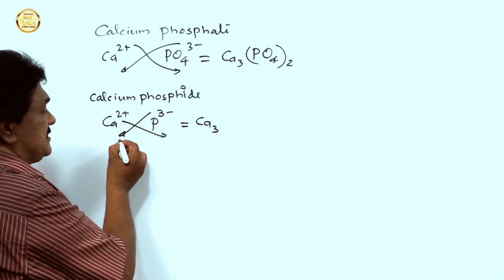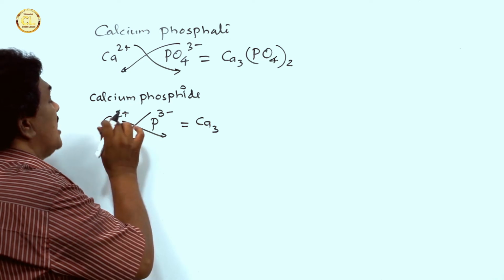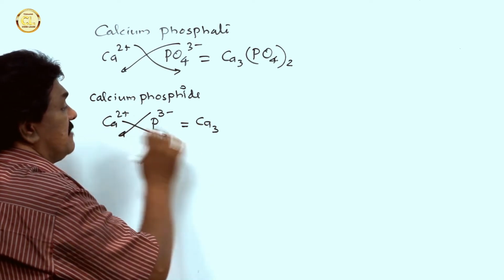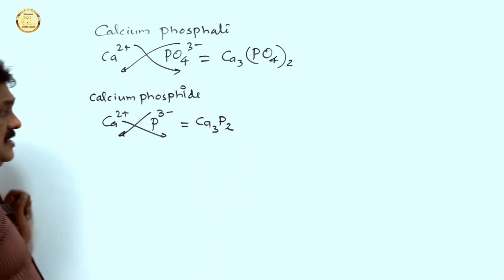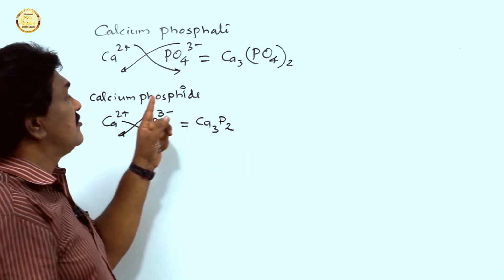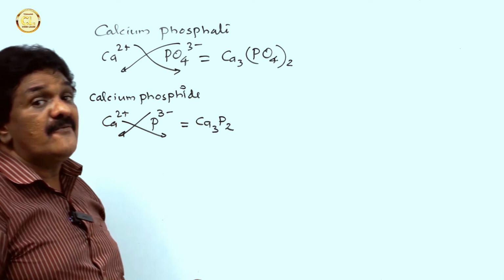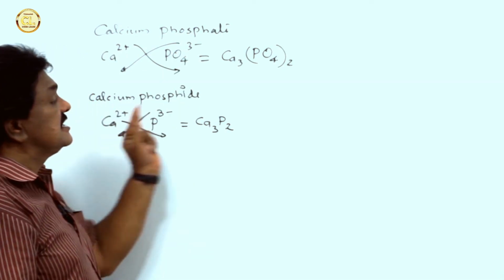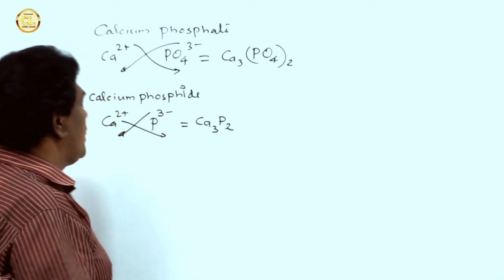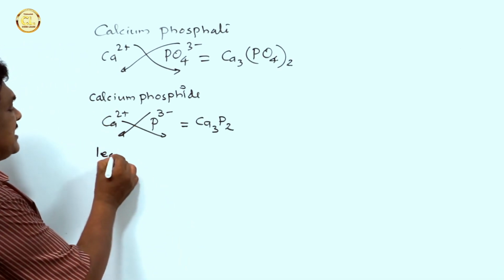See, 3 becomes the subscript of calcium and the charge 2+ of calcium becomes the subscript of phosphorus. So Ca3P2. This is calcium phosphide. This is calcium phosphate. This is calcium phosphide.